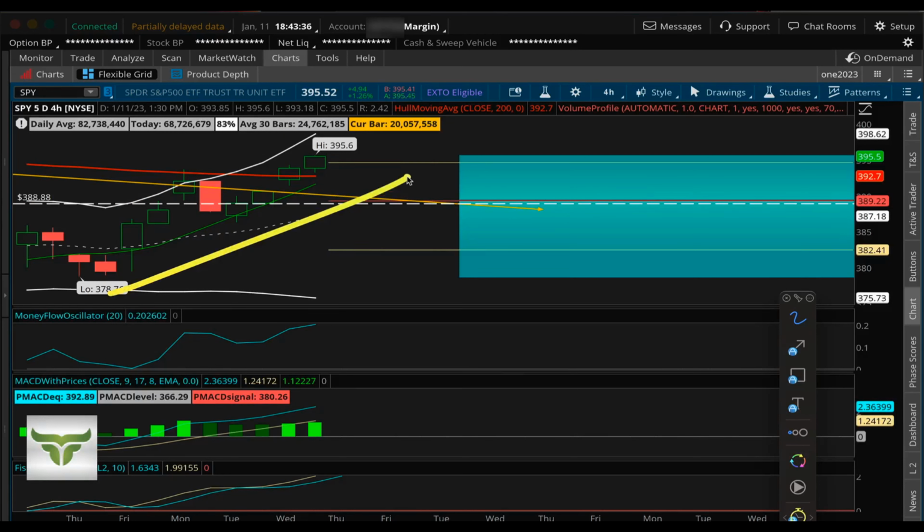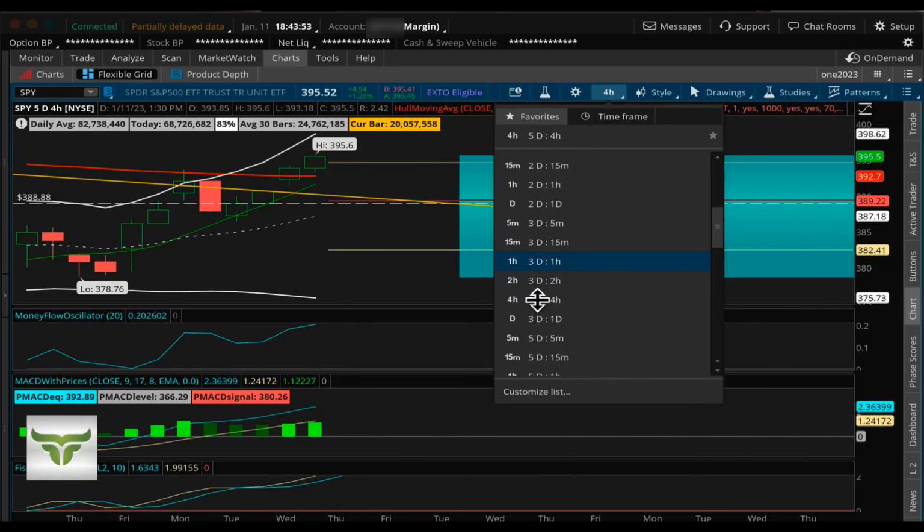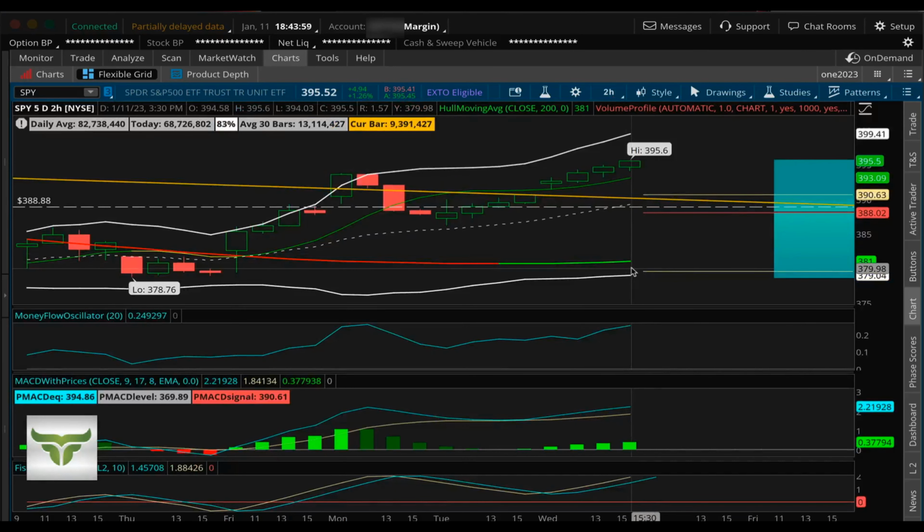Right now we are in a trend. The trend is to the upside. Obviously we're in a bear market, and the SPY has got momentum. You see the momentum right here in the last 4 days. So let's scrub down to the 5-day, 2-hour, where you can clearly see the strength.